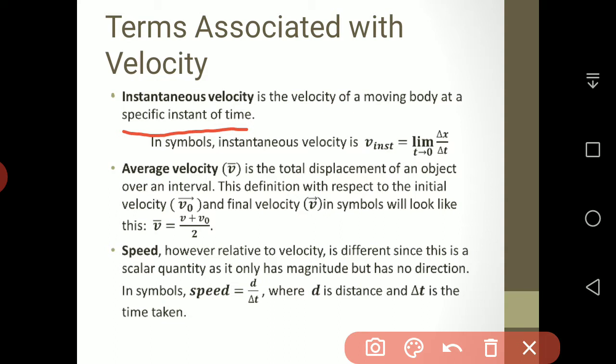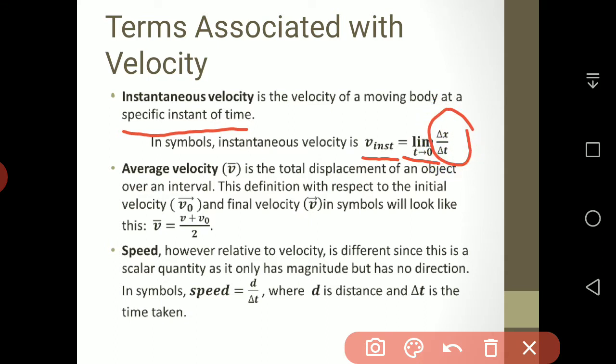In symbols, instantaneous velocity or V subscript inst is equal to the limit as t approaches 0 of change in x over change in t. So sa isang napakaliit na specific unit of time approaching 0 ay yung instantaneous velocity.